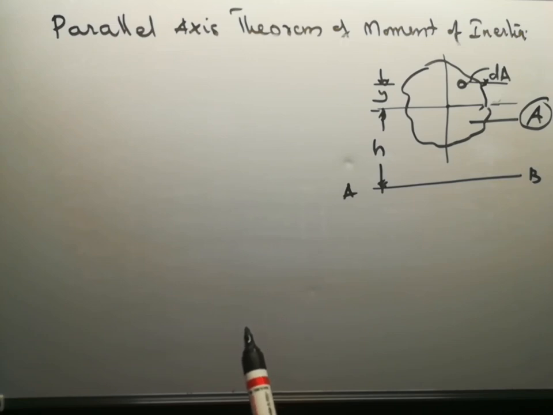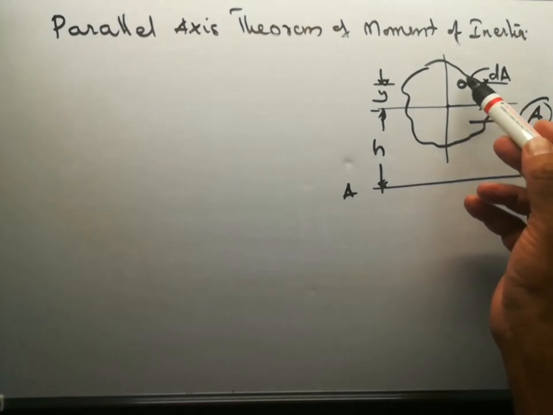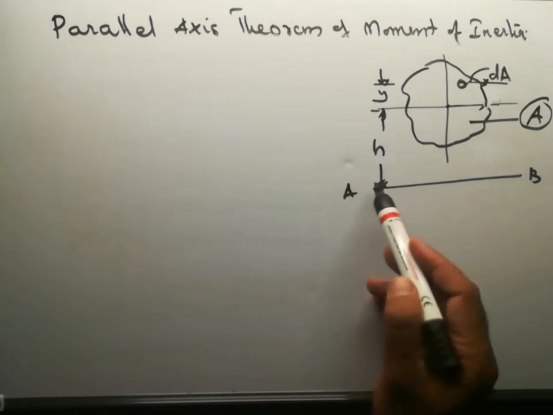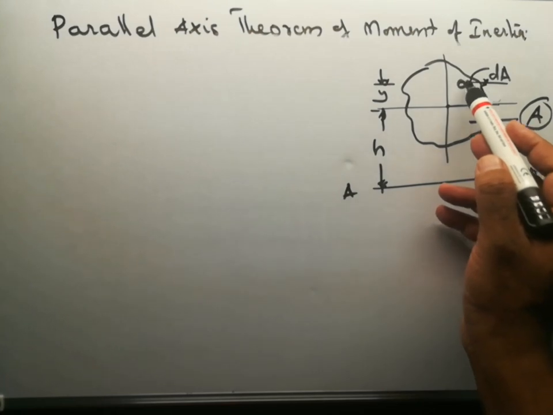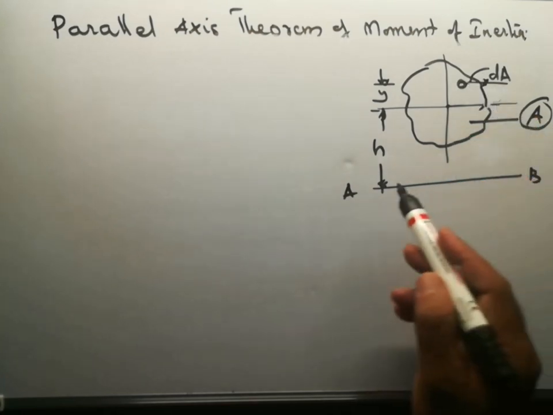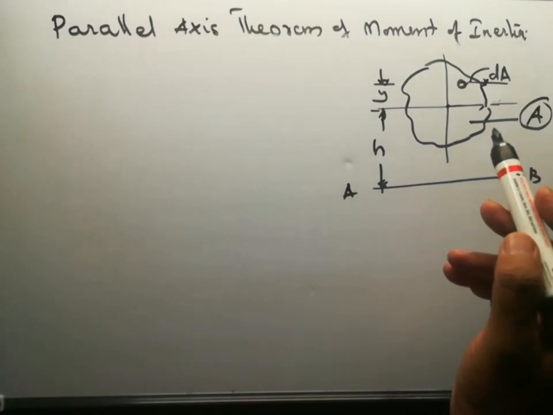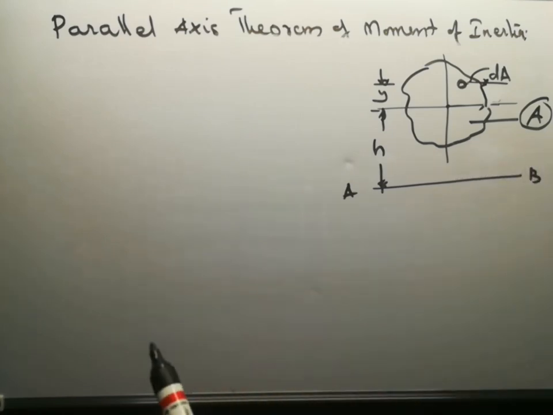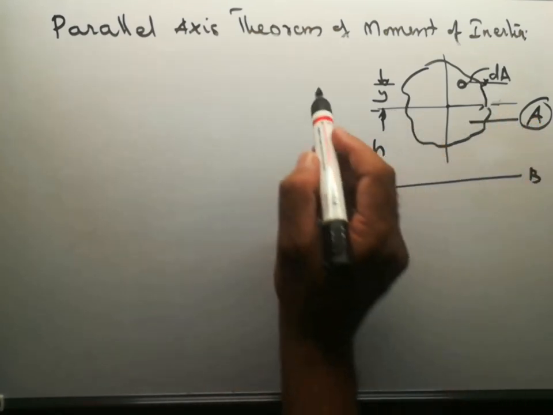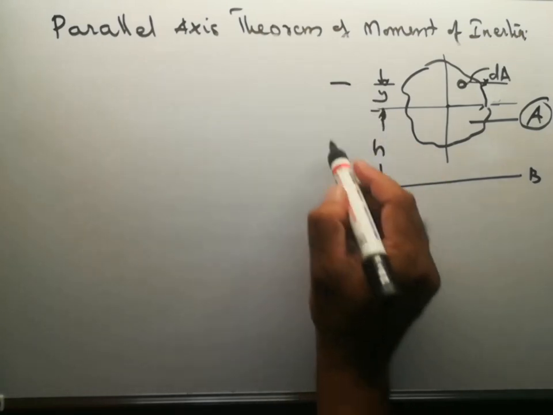Now, the moment of inertia of this area about AB. What will be the moment of inertia? Moment of inertia of any area about an axis is equal to the area multiplied by the distance squared. That means here the total distance is h plus y.